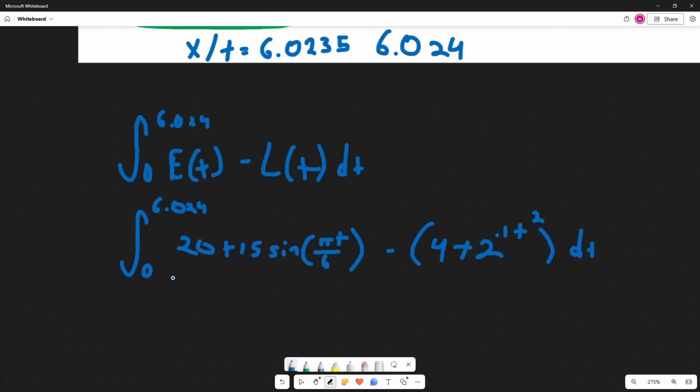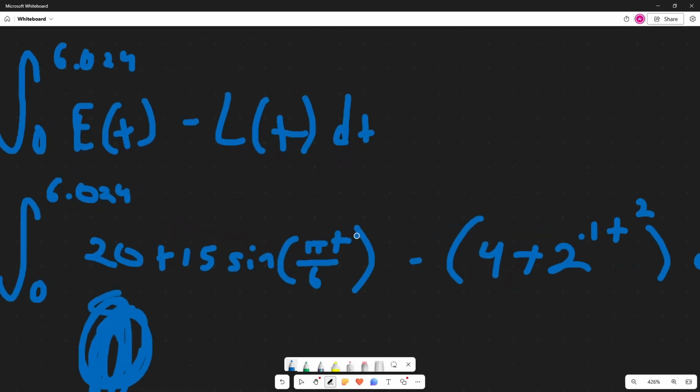Now you can plug that into the calculator. So from 0 to 6.024, put your bounds in, and then put it in terms of x instead of t.